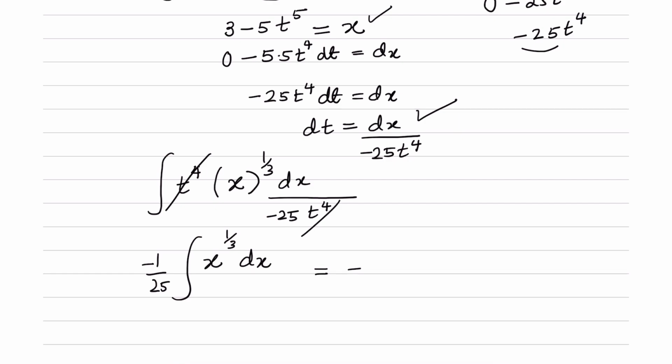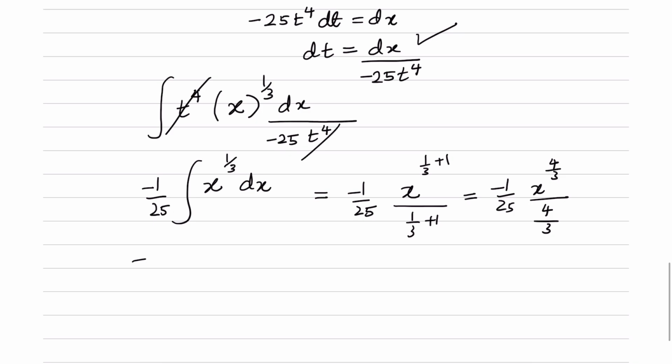And we know how to solve this integral by the power rule of integration. So we have 1 over 3 as the power. We will add 1 to it and put the same power in the denominator. So we have minus 1 over 25 x to the power 4 by 3 divided by 4 by 3.